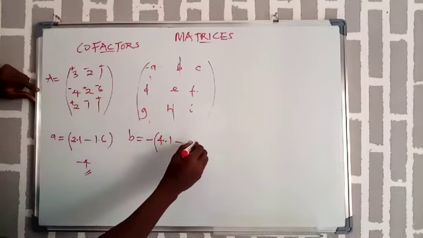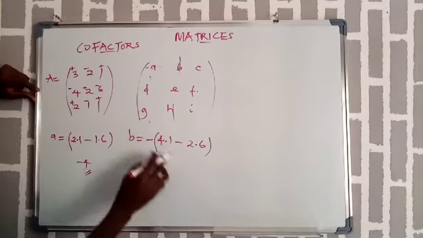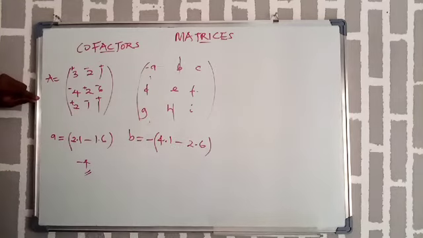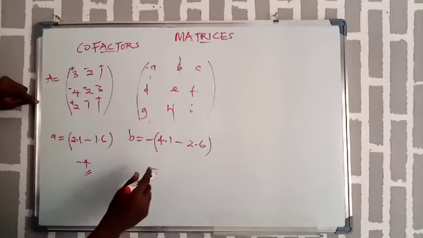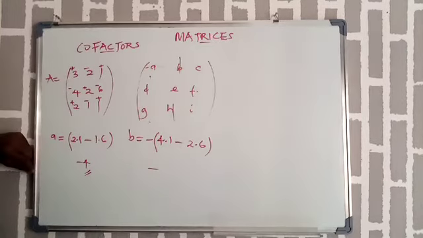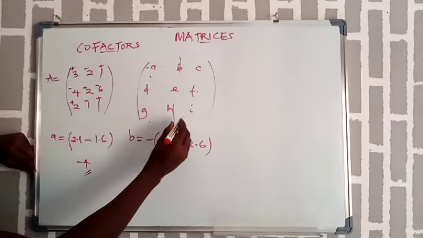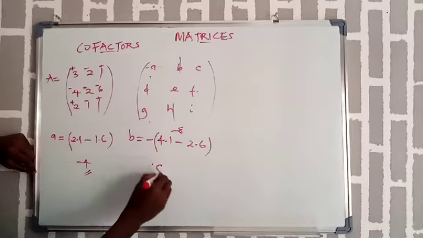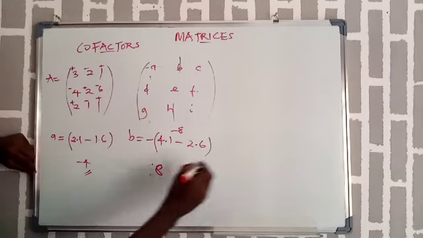So it's 2.6 here. 4.1 is 4 minus 12. So here is minus 8. Minus minus turns to plus. So here is 8. Go for C.